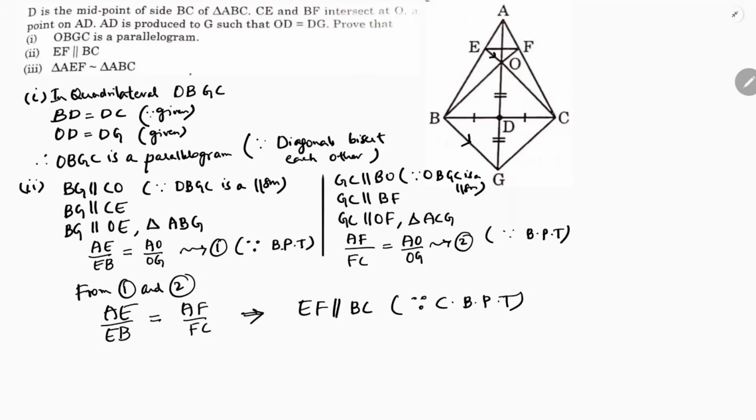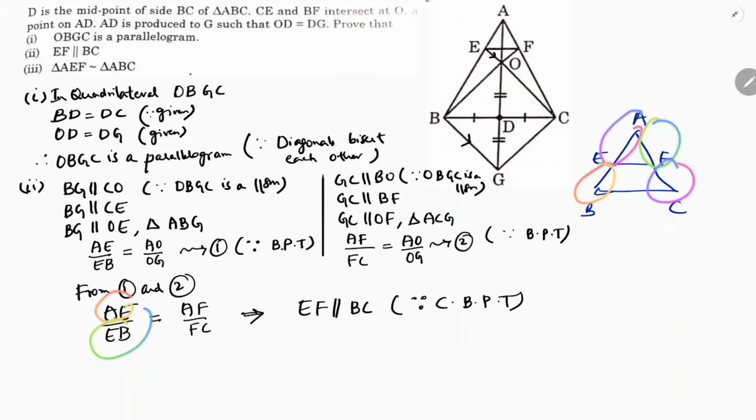Because the converse of BPT states that in a triangle ABC, if AE by EB equals AF by FC, that is, if a line divides two sides in the same ratio, then this line is parallel to the third side. Therefore, EF is parallel to BC.